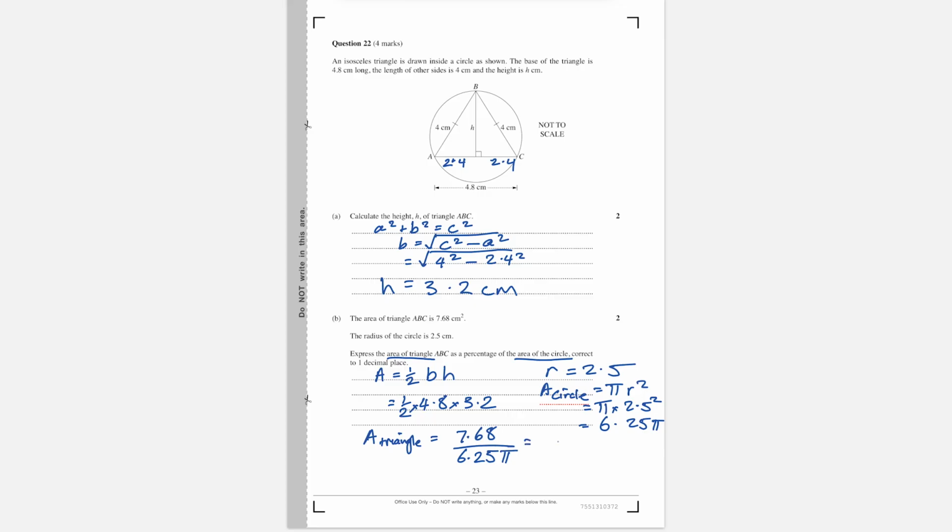So if we just divide those numbers, that will give us the percentage that we're after. 7.68 divided by, and then we open some brackets, 6.25 times pi.